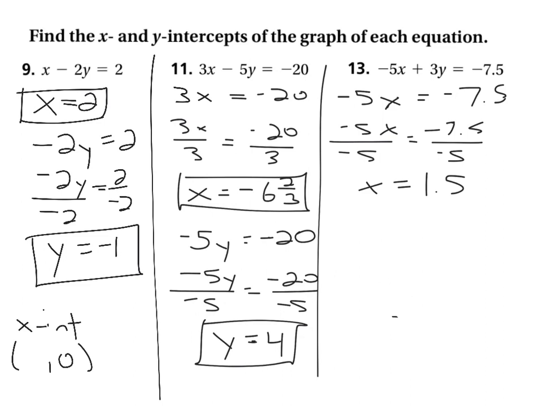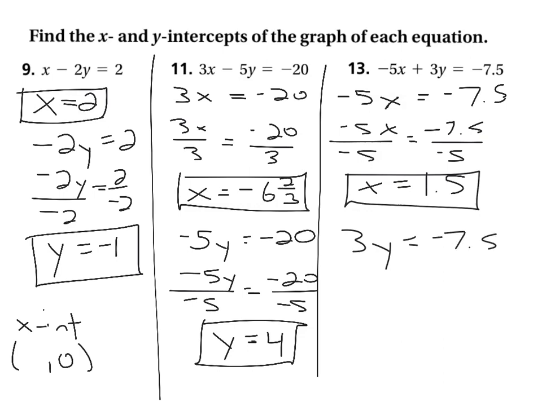And we're going to do the same thing now with the y term. 3y equals negative 7.5, and we divide by 3. Negative 7.5 divided by 3.